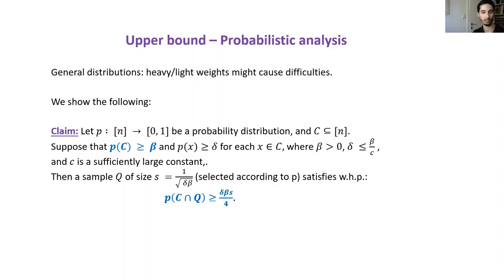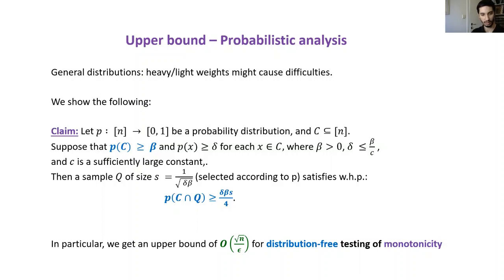Then a sample Q of size 1 over square root of delta beta satisfies with high probability that the weight of C intersection Q is at least delta beta S divided by 4. Combining this claim with the argument from the previous slide, we get an upper bound of 1 over epsilon times the square root of n for distribution-free testing of monotonicity.